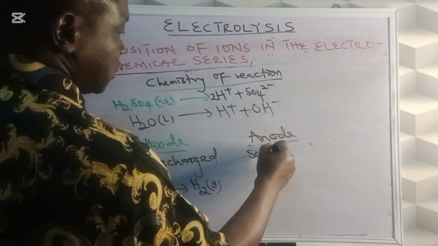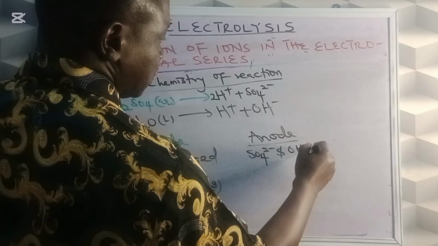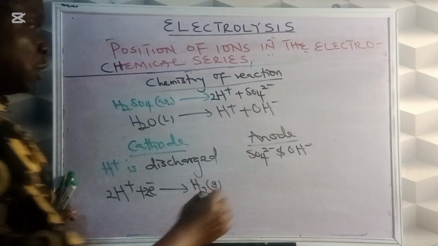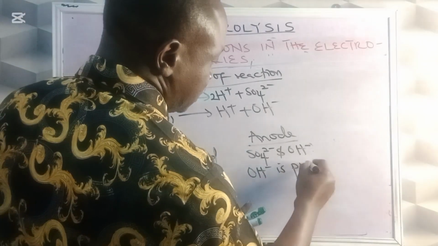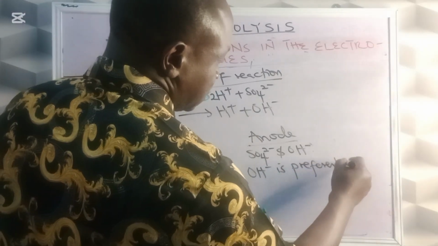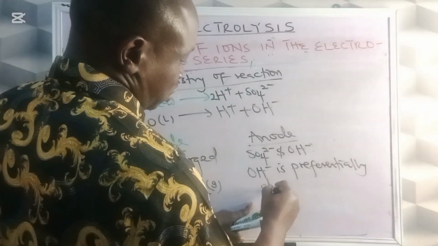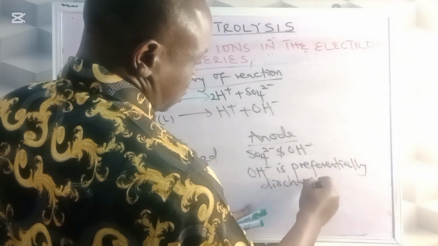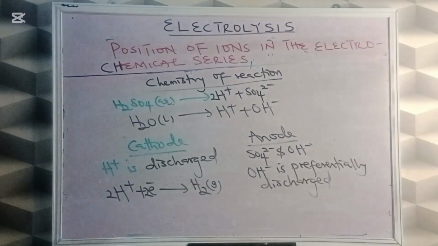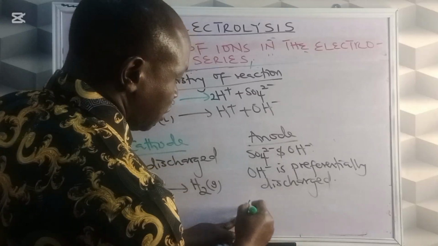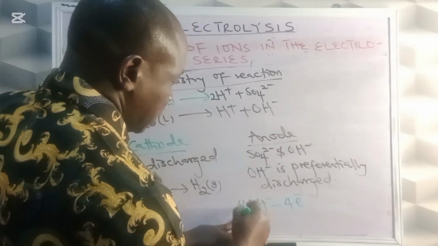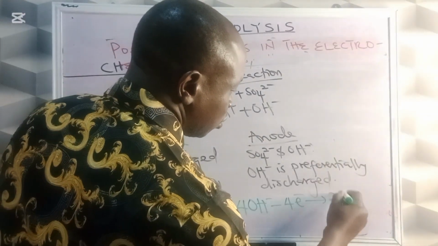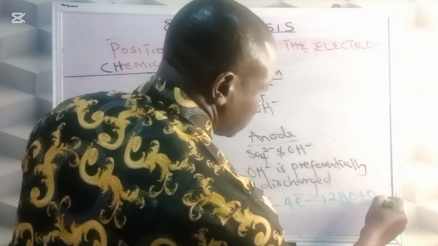SO4 2 minus and OH minus migrate to the anode, where OH minus is preferentially discharged. 4OH minus minus 4 electrons gives 2 moles of water plus oxygen.